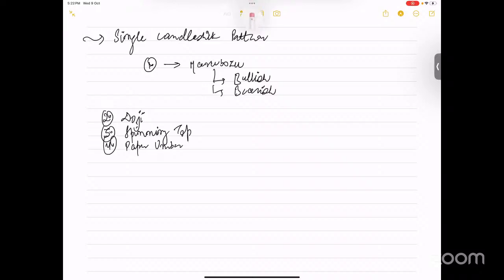So it is paper umbrella जिसके अंदर दो आते हैं. One is hammer, another is hanging man. Fifth that comes into picture is the shooting star.